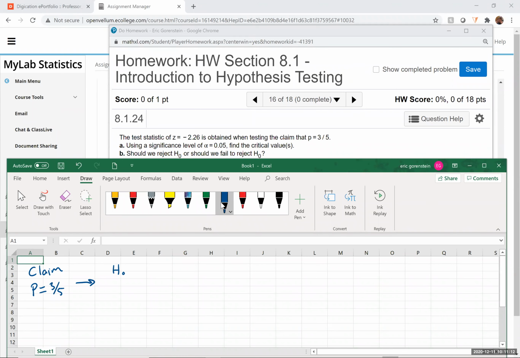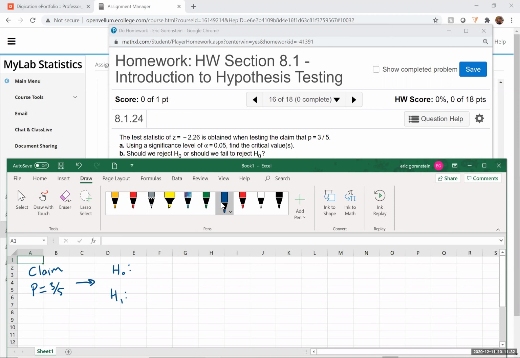After the claim, you set up your hypotheses. Now, was your question about choosing the hypotheses? I'm sorry, it was the significance level and finding the critical value.